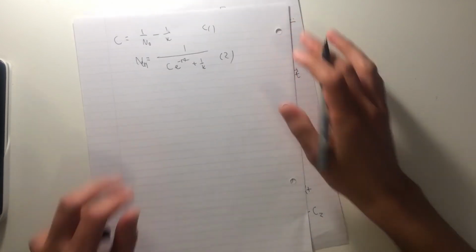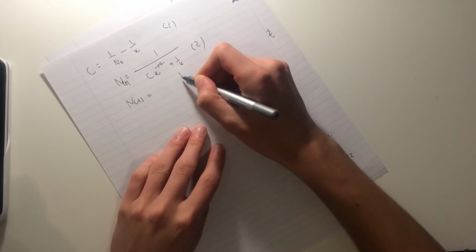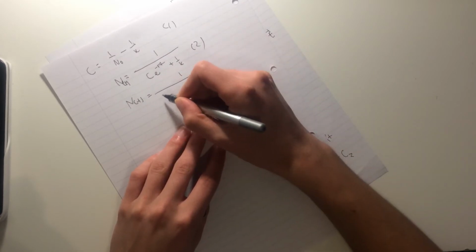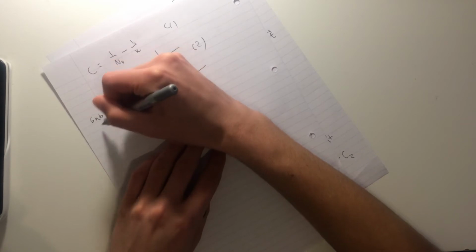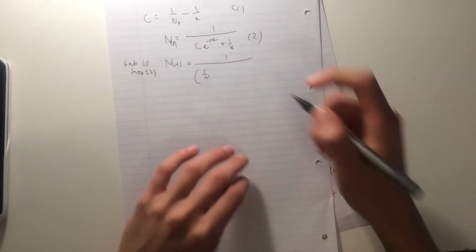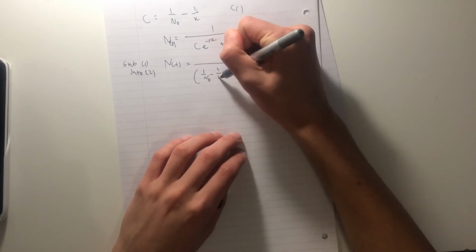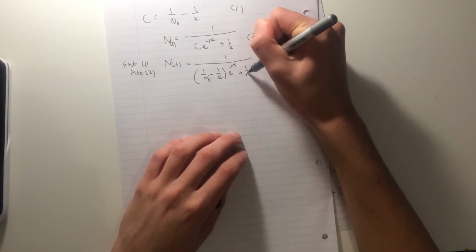Okay, so then what we do is we go on and just manipulate this algebraically to make it look better. So n of t equals 1 over, substituting it in, 1 over n0 minus 1 over k times e to the minus rt plus 1 over k.